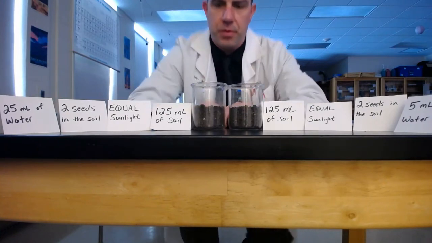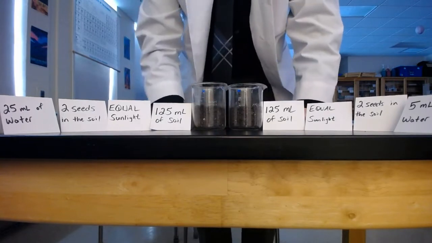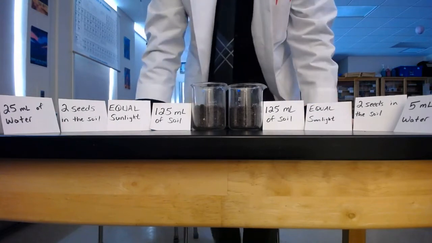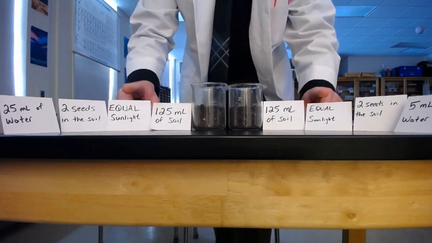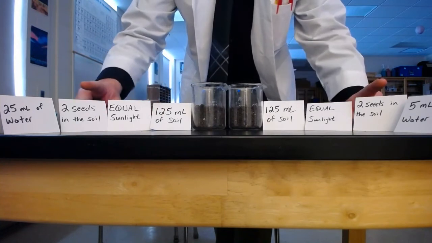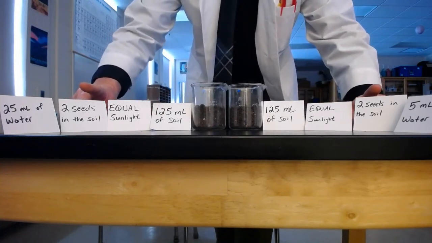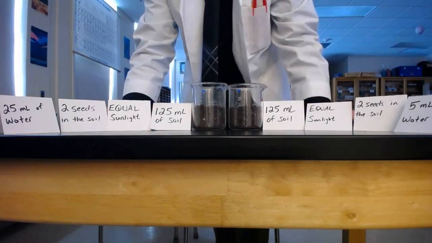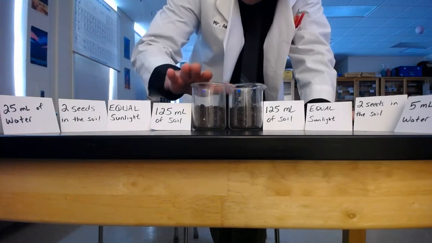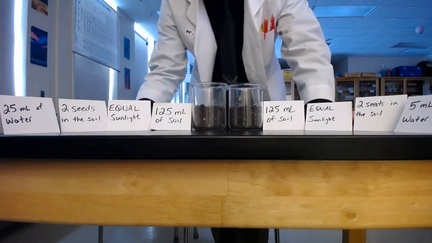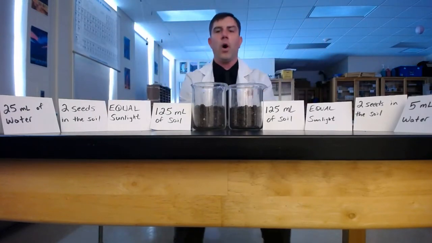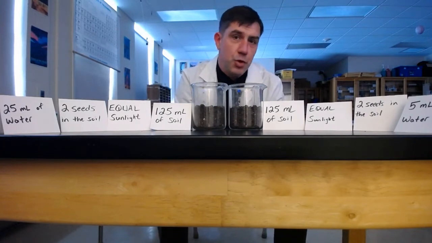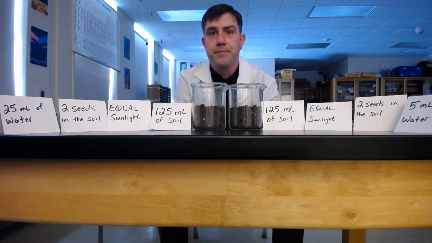Each glass beaker has 125 milliliters of soil. They both get equal sunlight. Inside of the soil, 2 seeds. This one here is only getting 5 milliliters of water, and this one on this side is getting 25 milliliters of water. Now the experiment here is to measure plant growth.